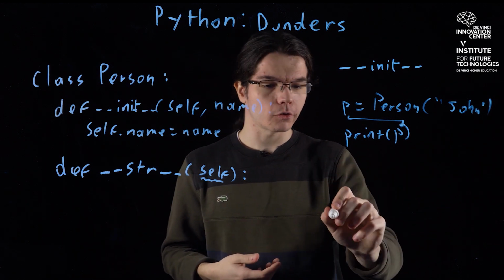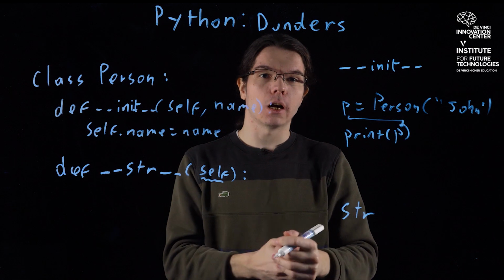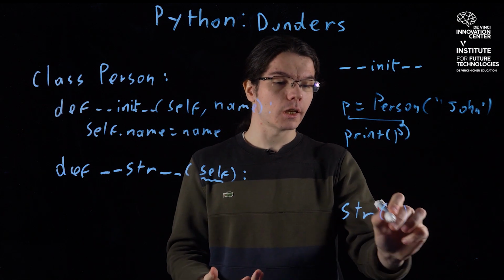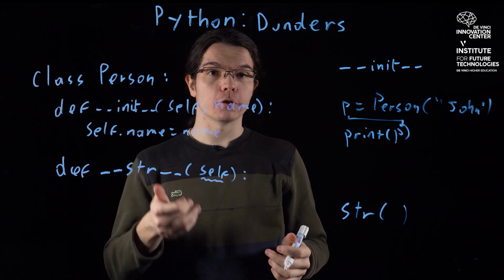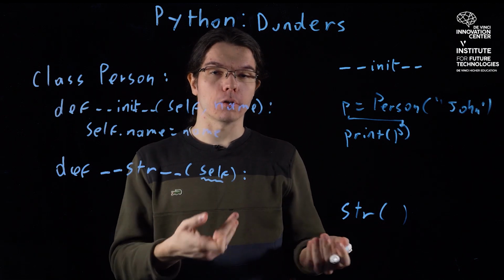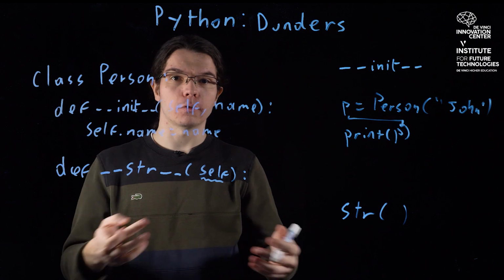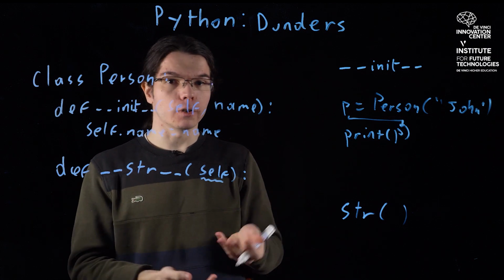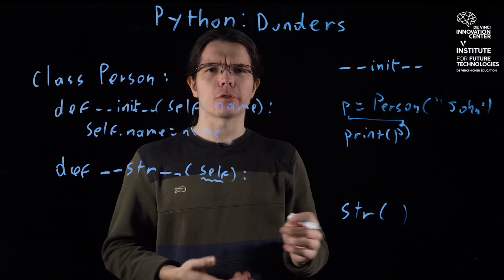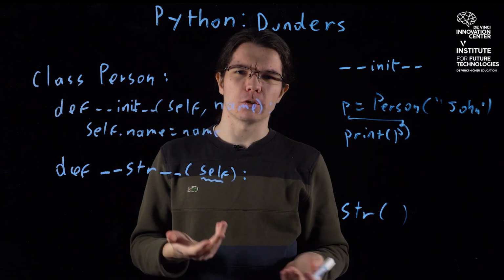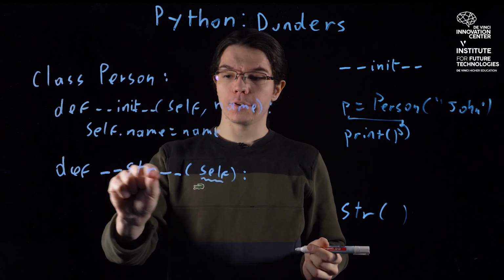So let's say we are somewhere else and we use the str function. The str function can take any kind of object, and if it is an integer, it's going to return you a string. If it is a string containing this integer, if it is a float, it's going to return you a string containing a float. So it always returns a string. But if you give it an object and it doesn't really know how to transform this object into a string, it's going to call this dunder function.